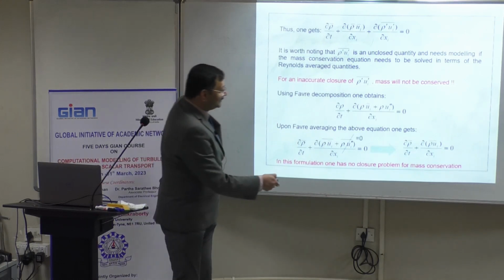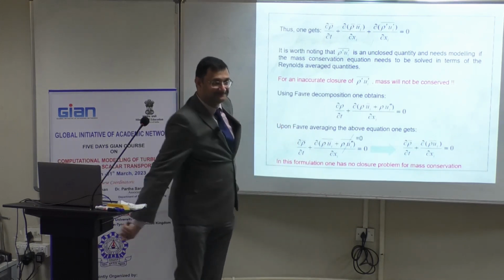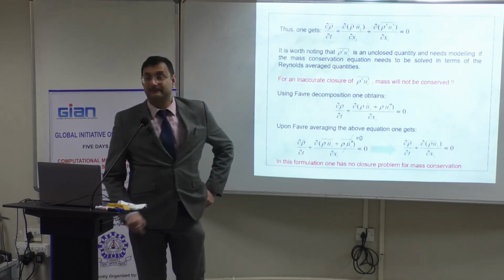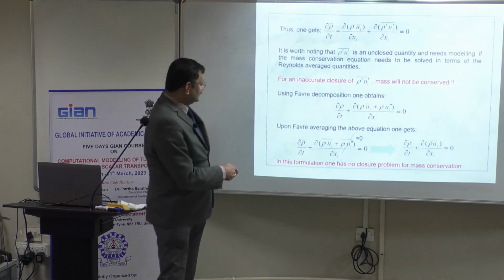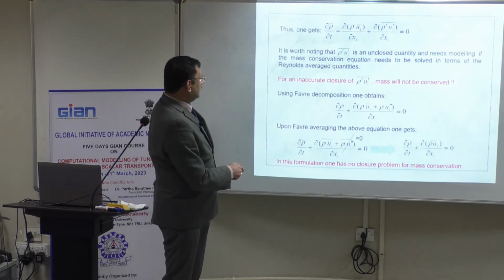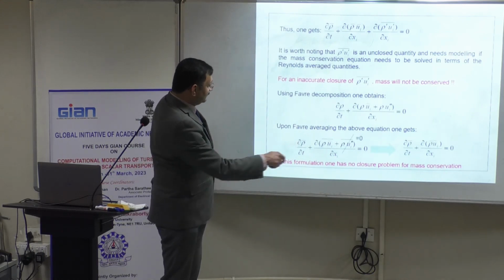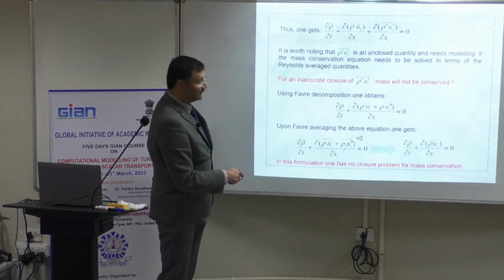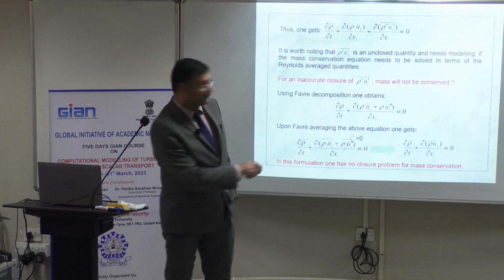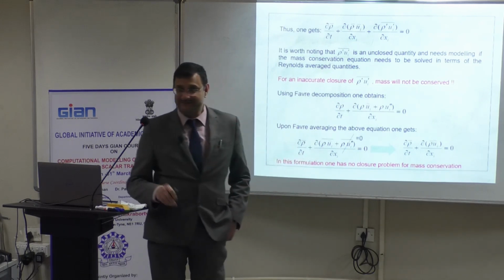That is a much better looking equation. So effectively, the whole equation is Reynolds averaged, but I am writing it in terms of the Favre average. So the operation is Reynolds average. Okay?